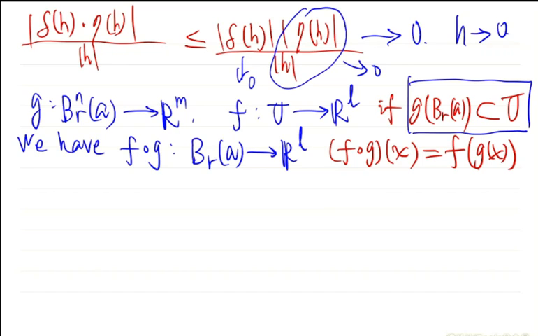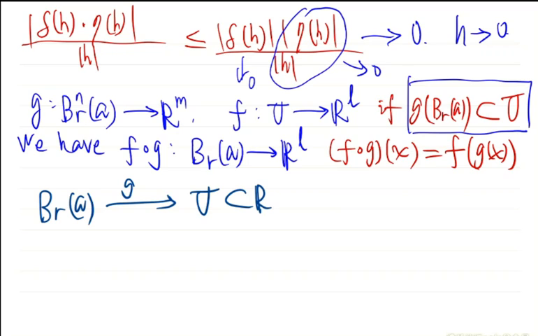So this is the ball around A, G maps into U, U is a subset of Rm, and F is defined on U into Rl. So this is the composition.